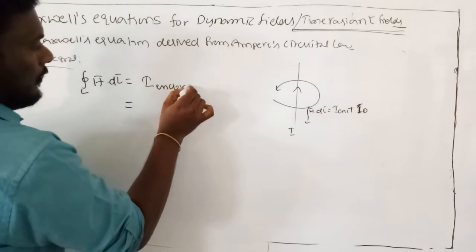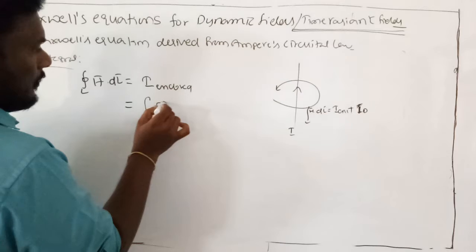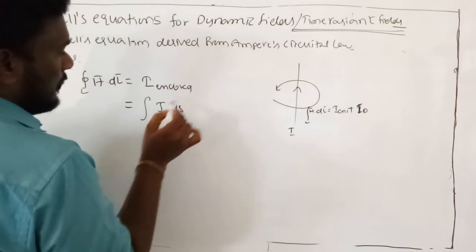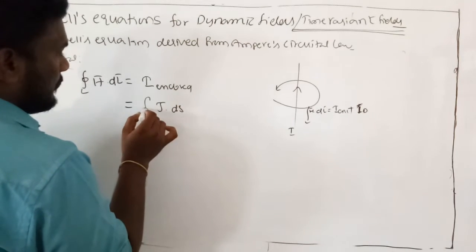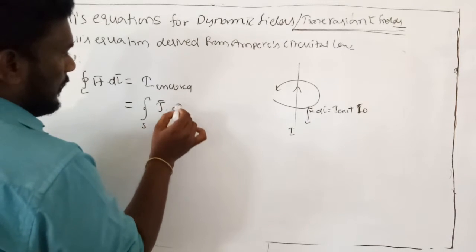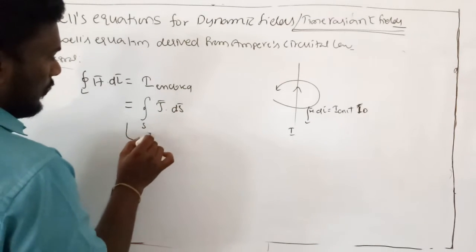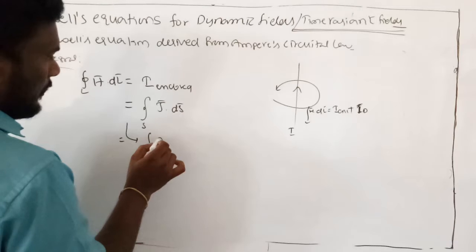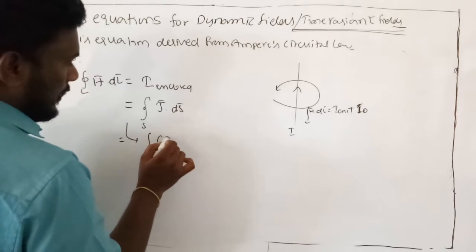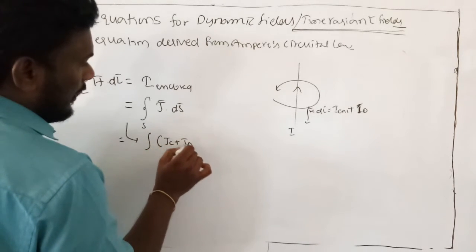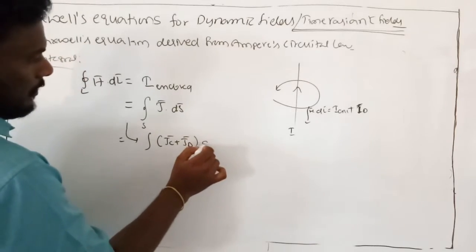Then we represent that in current density, that is the integral of J bar dot ds bar. Now we need to write this J bar in terms of the conduction current density and displacement current density.